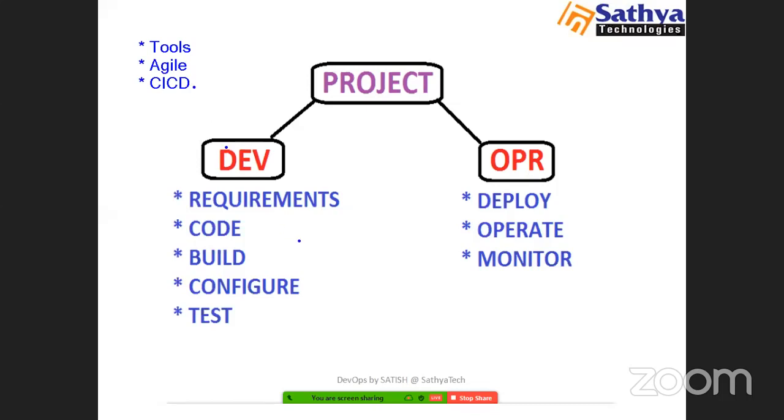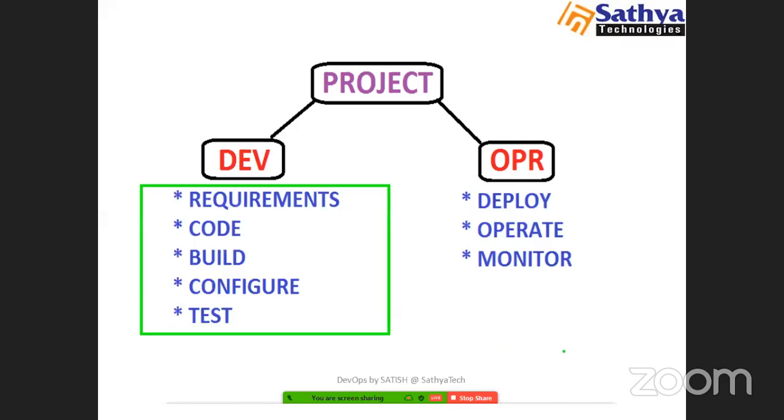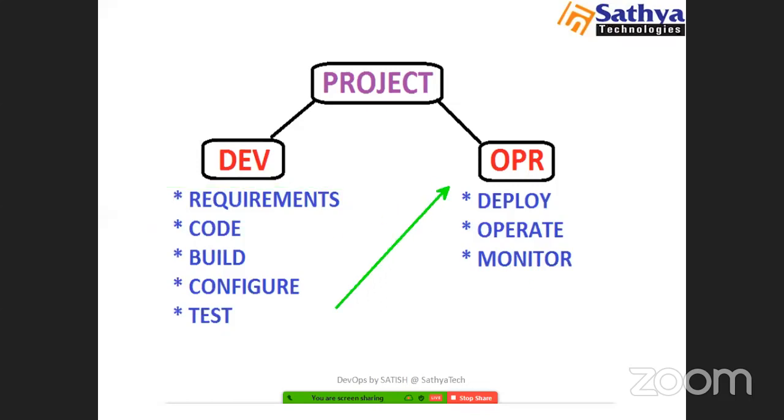So what did we discuss here? In application development, what different phases do we have? Yes, to gather client requirements, and you can do code, build, configure, and testing. Once the application is developed, it is delivered to the operations team. Tell me what this ops team will do. They will deploy this application on a server, application deployment, and operate. Here, what is operate?